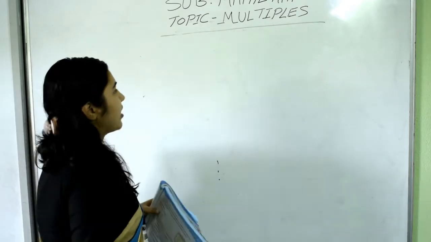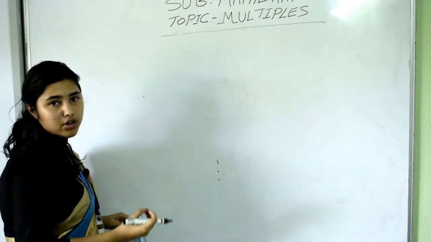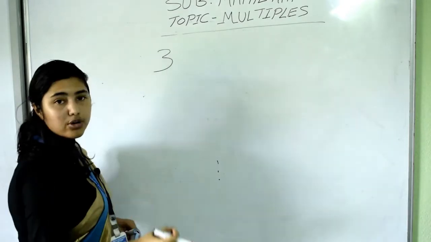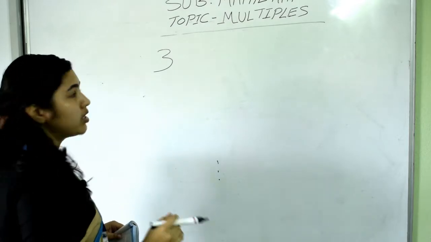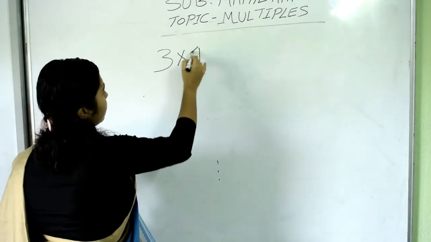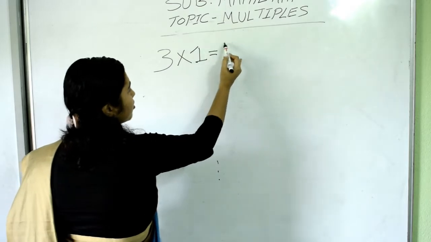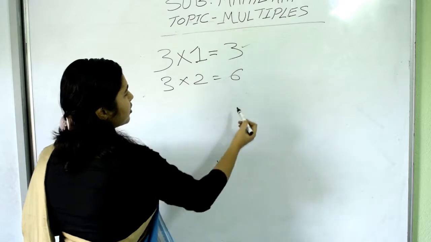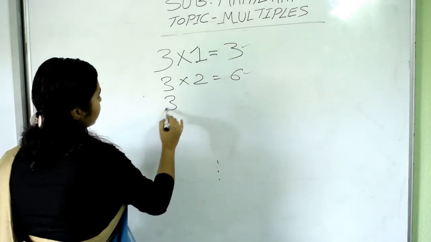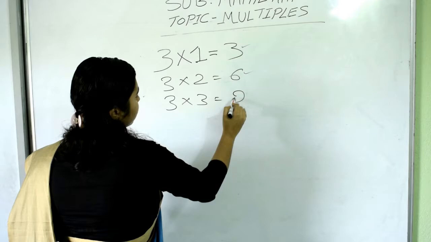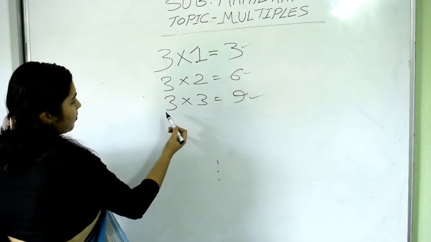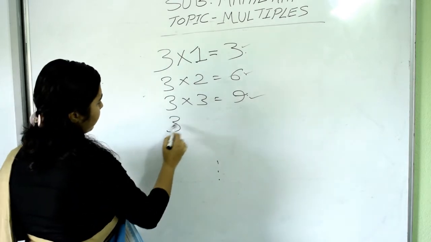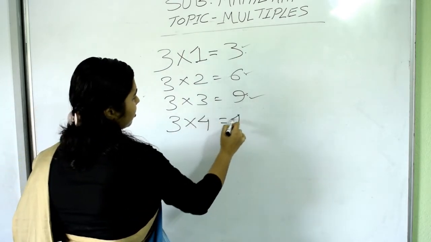If I tell you to write the first 5 or 4 multiples of 3, that means you have to start from 1. 3 into 1, which is 3, 3 into 2, which is 6. This is the first one, this is the second one. 3 into 3 is 9. So 9 is the third multiple of 3. So these are the first 3 multiples of 3. 3 fours are 12.